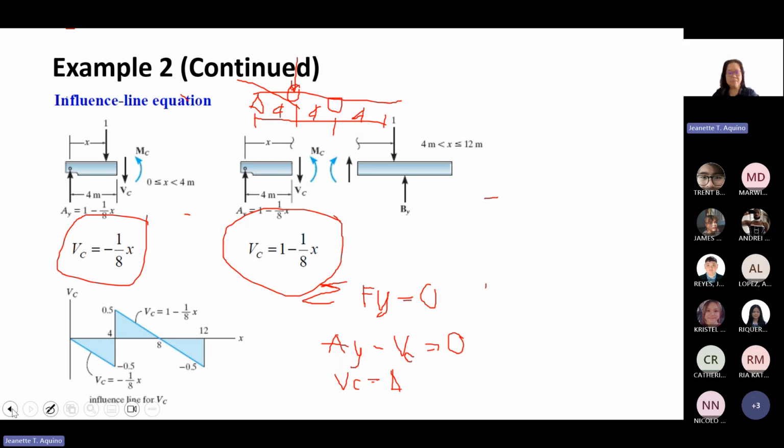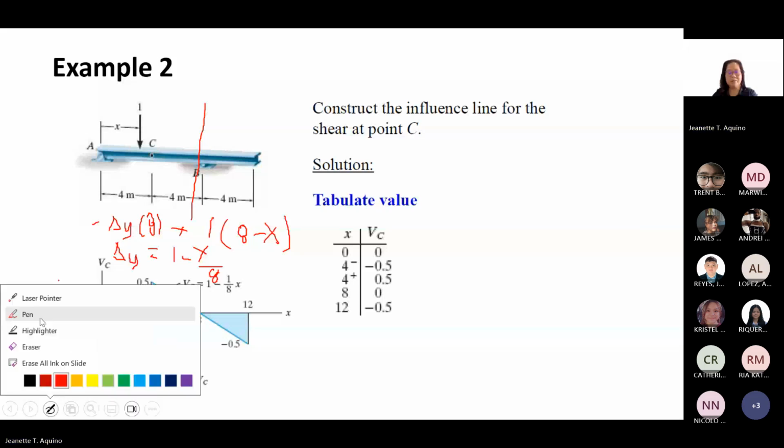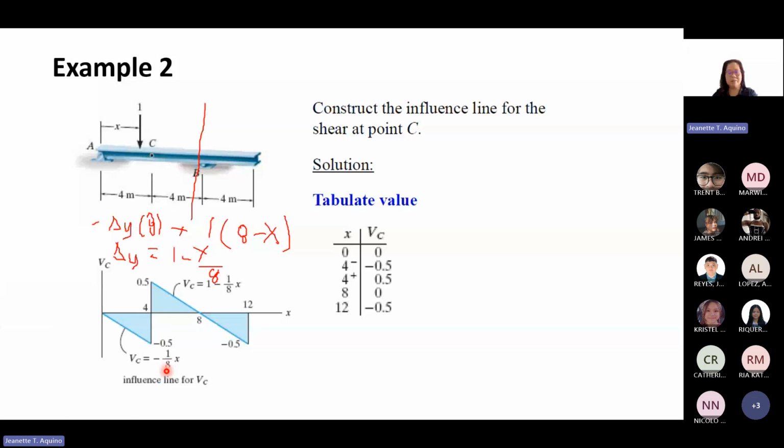If our x is at 0, BC will be 0, because if you substitute 0 into -1/8 times x, BC will be 0.